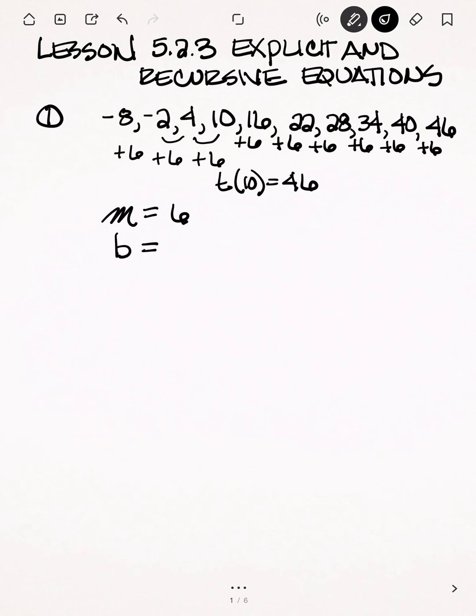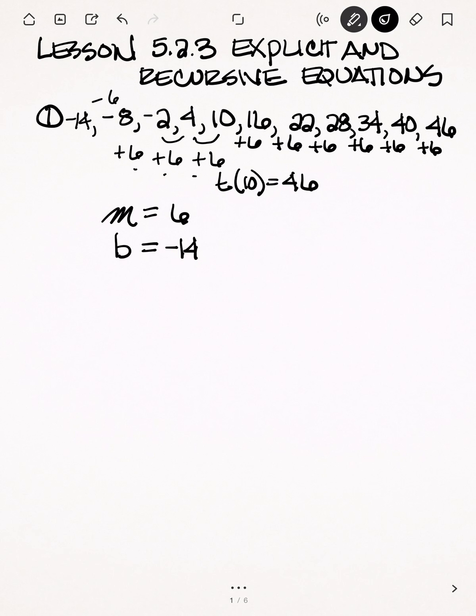Our b, we need to find the b. So if we're adding 6 this way, we're going to subtract 6 here. So if I subtract 6 from negative 8, I'm going to get negative 14 as my 0 term. So my b is negative 14. I have enough information now to write my equation, and since this is a sequence, I'm not going to use y equals mx plus b.